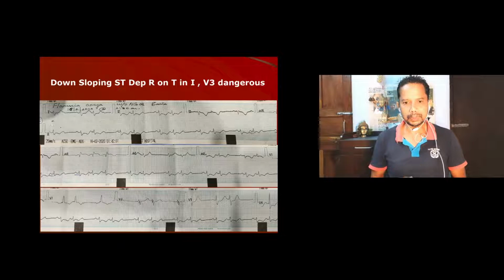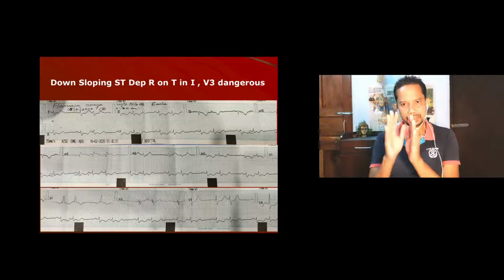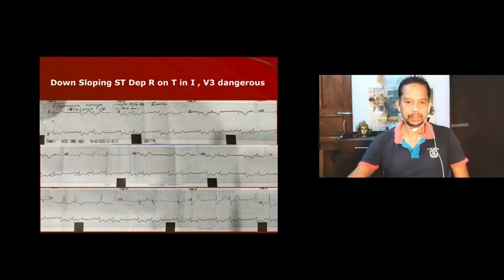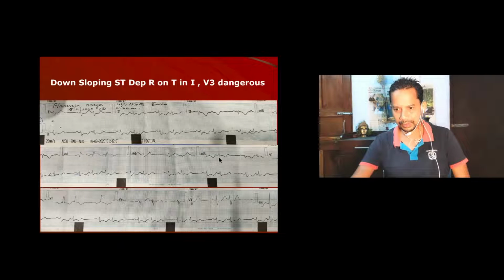Then you look at the duration of the QRS complex. Once you have determined the zone, is it the LAD zone or a normal axis area, or a RAD axis quadrant, or an extreme RAD or extreme LAD zone. So now we have determined this is a LAD, see in aVF.